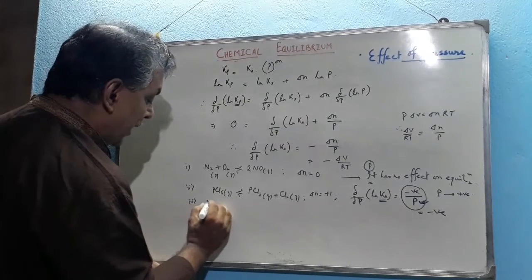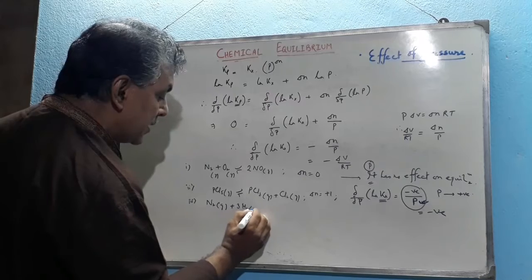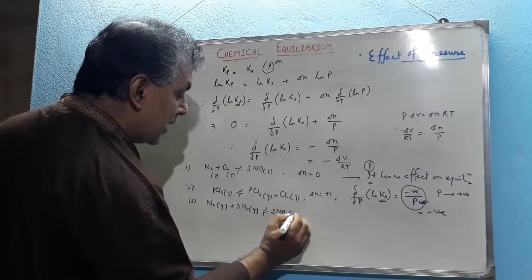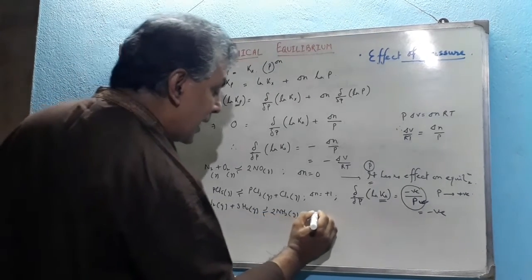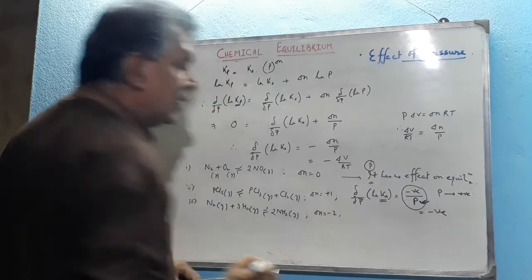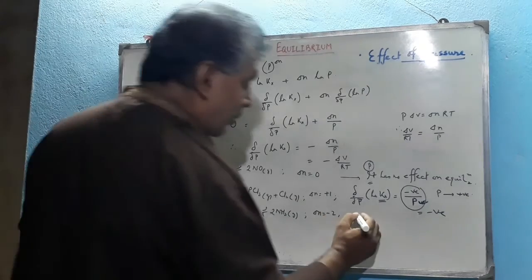And next, N2 gaseous plus 3H2 gaseous, reversible to 2NH3 gaseous. For this reaction, Δn is negative, 2 minus 4, that is minus 2. Since Δn is negative, when it is multiplied by the minus sign, it will be positive.